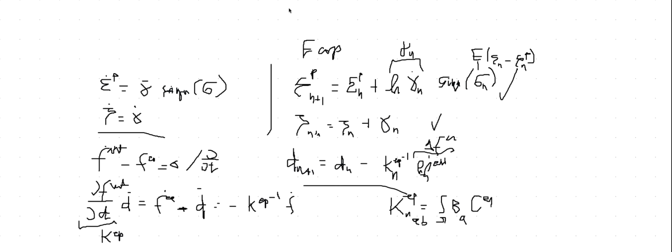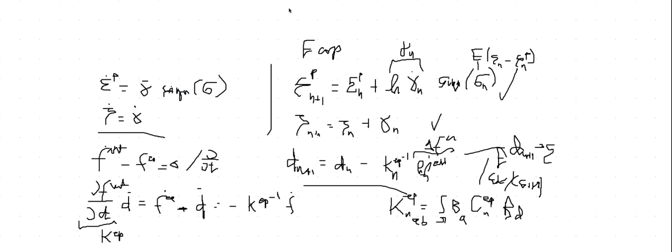C elastoplastic at time Tn could be either E if you're elastic, or EK divided by the sum of E and K if you're elastoplastic. So basically, you can compute from this dn plus 1 very easily. It's incremental analysis. And from that one, you can compute epsilon n plus 1.